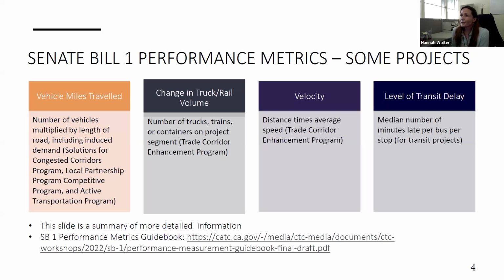And then level of transit delay, it could be for any of the projects in any of the 3 programs, but it's specific to transit, and that's using the GTFS information that the Data and Digital Services Division in Caltrans has put together a program for. Essentially, if you have a GPS tracking device on a bus, you can look at how on time, on average, the buses are getting to the stop in that area, and whether the project would improve that performance.